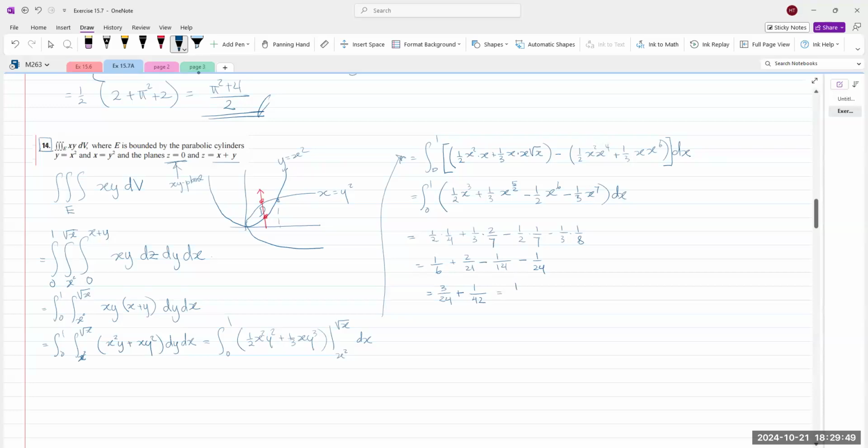That's 1/8 plus 1/42. I hope I make no mistakes here. What is the LCD? 42 is 6 times 7. I need to multiply by 4. 168 multiplied by 4, multiplied by 21. So that's 25/168. I really have no confidence in this answer.